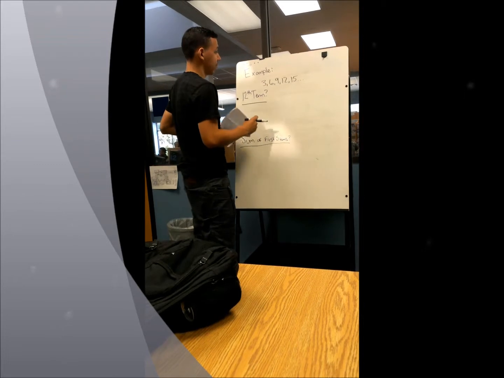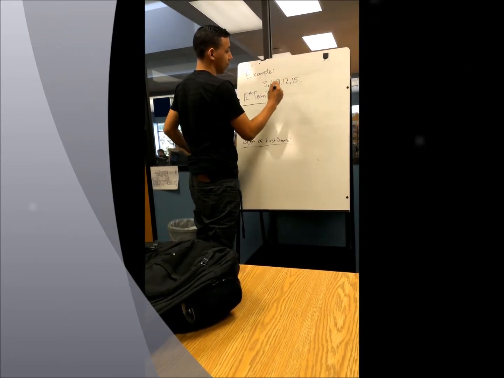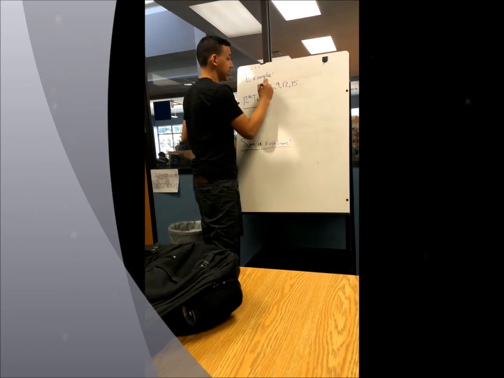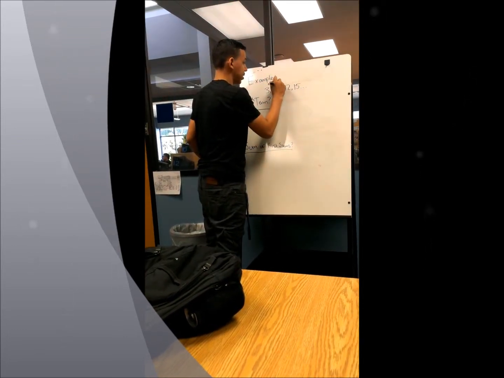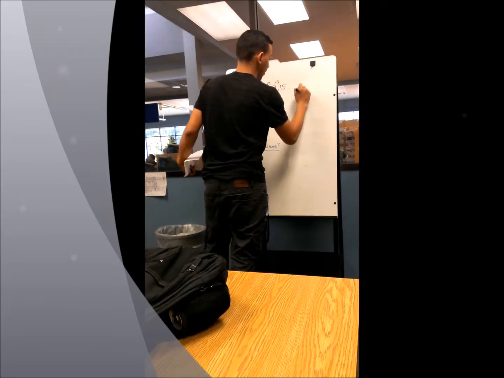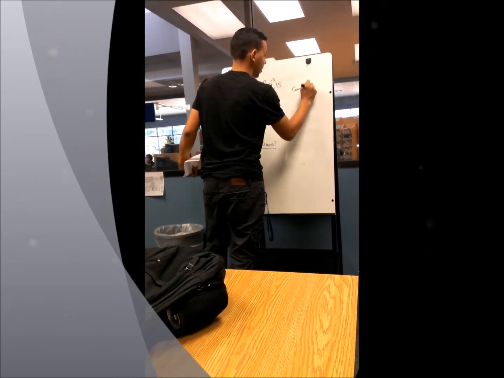And here's our example. We've got 3, 6, 9, 12, 15. And as you can tell, our difference between each of these is positive 3, positive 3, positive 3, positive 3. So we're going to make a note of our common difference.